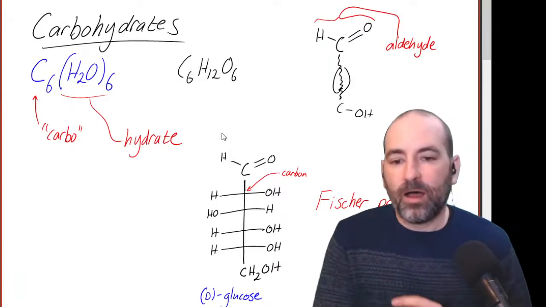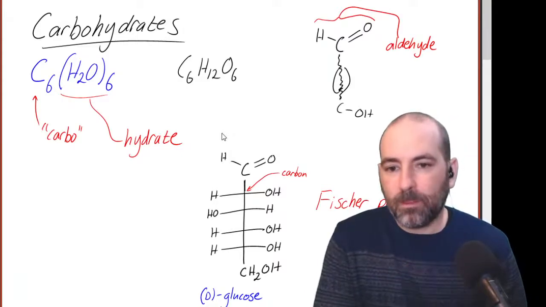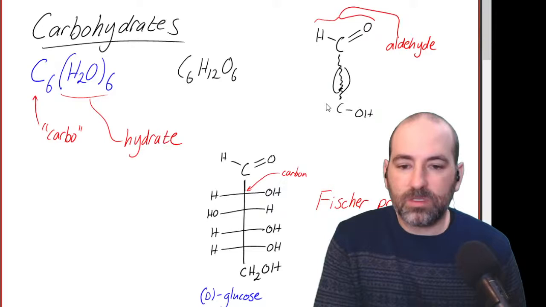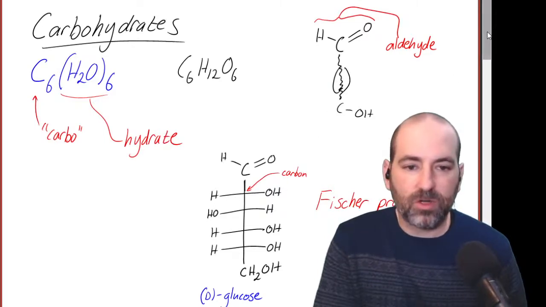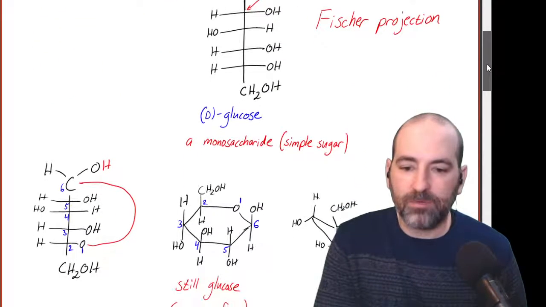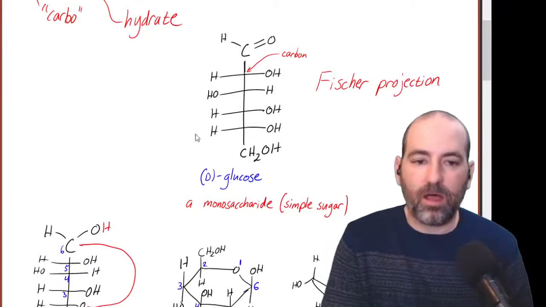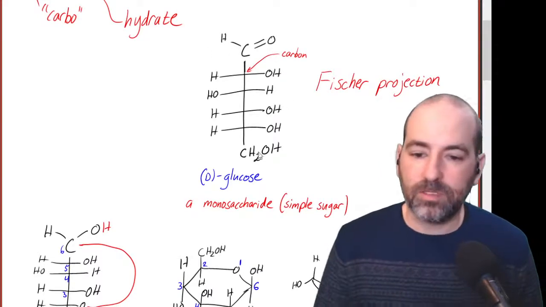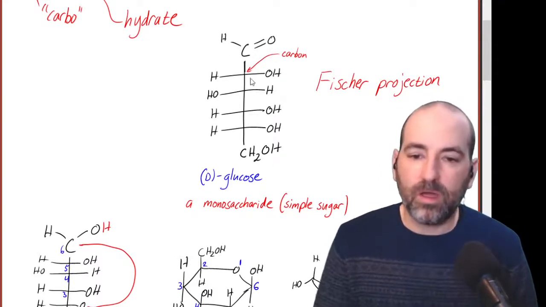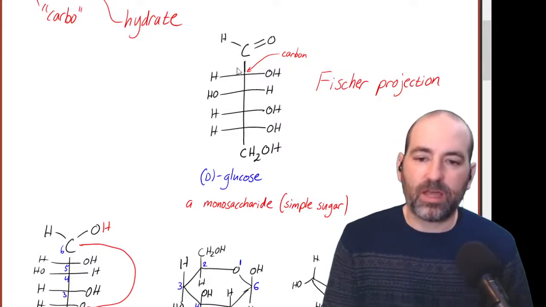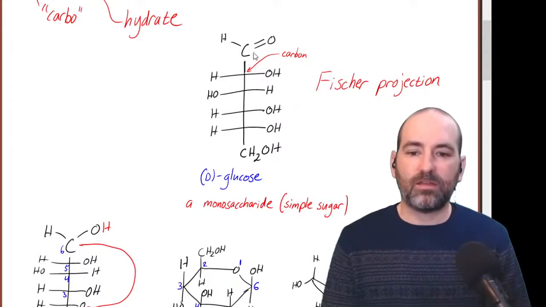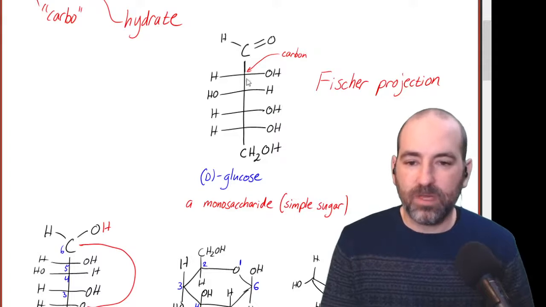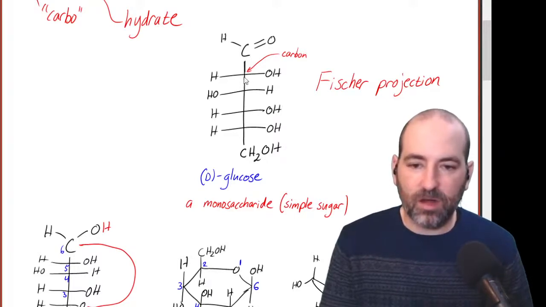All right. So we looked at some sugar structures before. There's a couple different ways that we talk about structures of monosaccharides, simple sugars. One is this thing called a Fischer projection, which is kind of a hybrid of a line structure and Lewis structure. These middle carbons are not shown, but everywhere there's an intersection is a carbon atom.